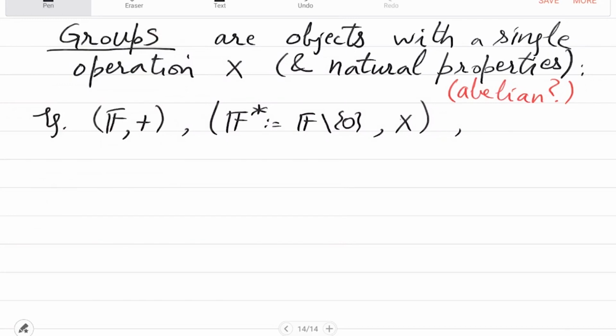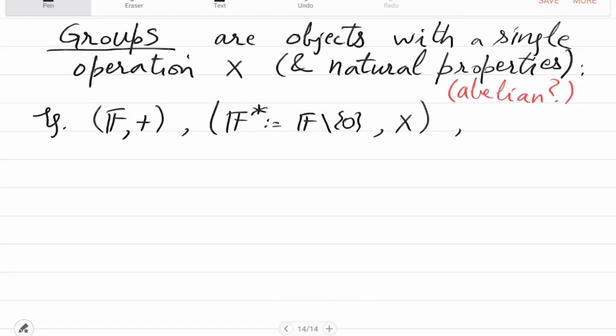What about matrices? Yes, so matrices with addition form a group. But if you want matrices with multiplication, then you are only allowed invertible matrices. That object is called GLn. What does GLn stand for?